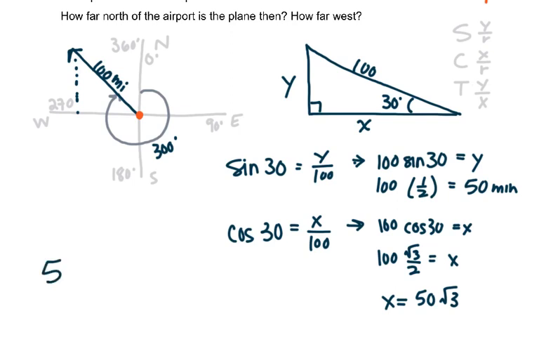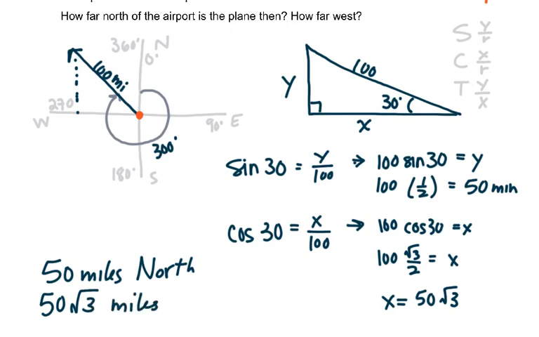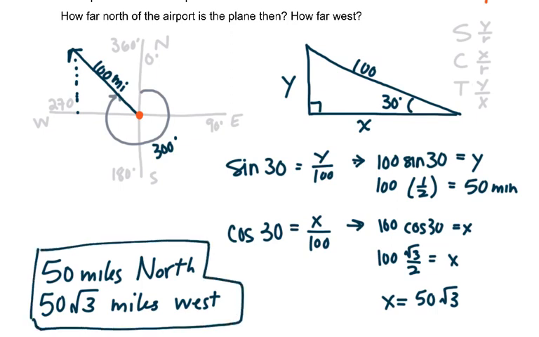So that means we are 50 miles north and 50 root 3 miles west from our initial location at the airport at the origin. And 50 root 3 is roughly 87 miles.